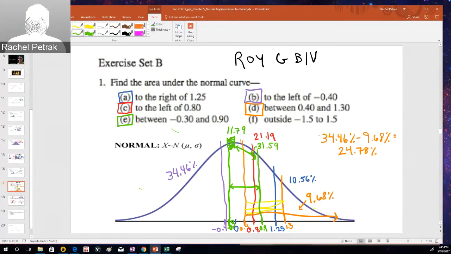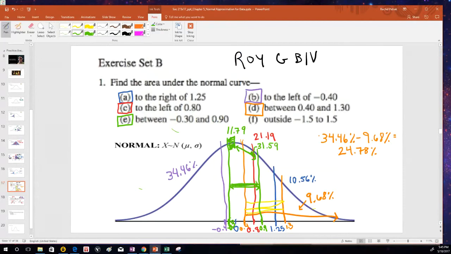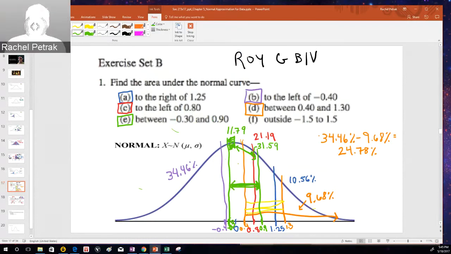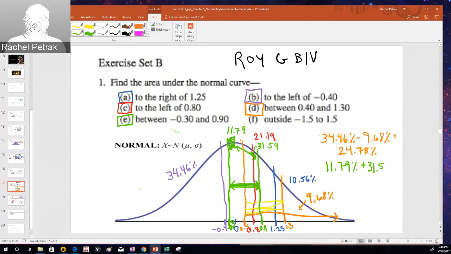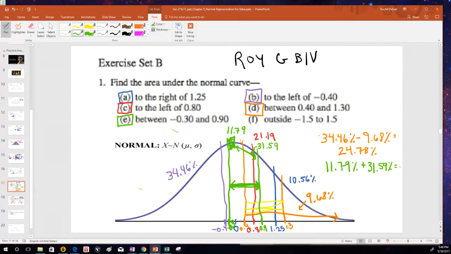And so if we want to find this total area, we can just sum these two proportions. So again, that's going to be 11.79% plus 31.59%. And let's take a look.